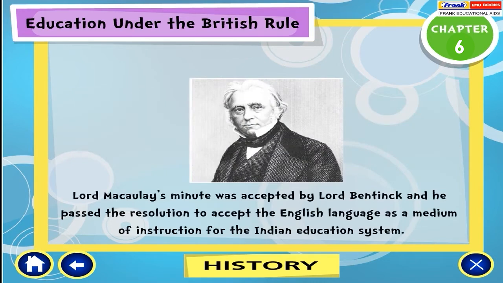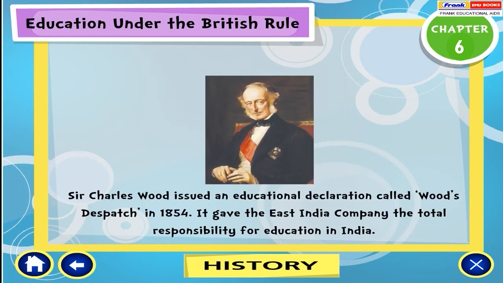Lord Macaulay's minute was accepted by Lord Bentinck, and he passed the resolution to accept the English language as a medium of instruction for the Indian education system. Sir Charles Wood issued an educational declaration called Wood's Dispatch in 1854. It gave the East India Company the total responsibility for education in India.